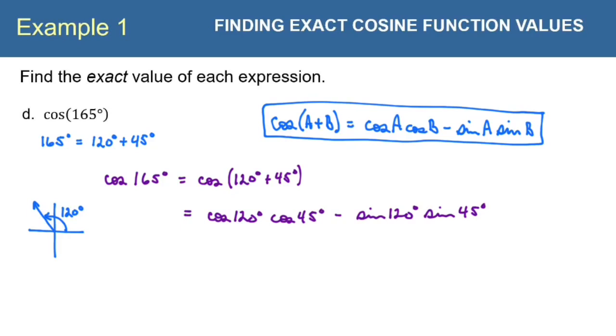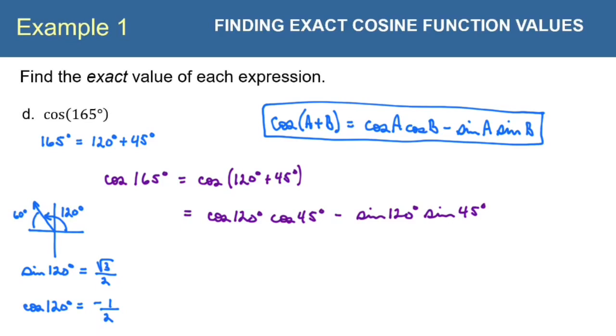Of course, you know 120 degrees is in quadrant 2, and it's going to have a 60 degree reference angle. So now the sine of 120 degrees is going to be positive because it's a quadrant 2 angle, sine of 60 degrees, which is square root of 3 over 2. And then the cosine of 120 degrees is going to be negative because cosines are negative in quadrant 2. And then the cosine of 60 degrees is 1/2. So the cosine of 120 degrees would be negative 1/2.